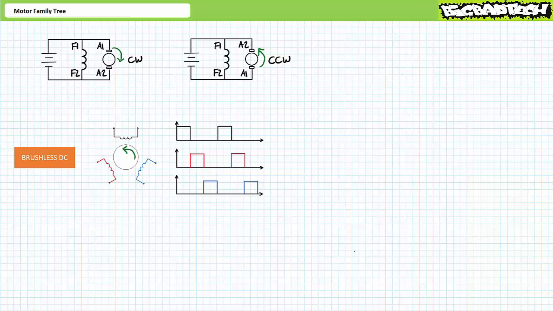Rather than mechanically commutating the armature connection, a brushless DC motor electrically commutates connection to a series of field windings via integrated power electronics devices known as transistors. Consider this extremely simplified example of a brushless DC motor featuring 3 independent isolated field windings radially distributed at 120 degrees around the armature. When field winding 1 is electrically excited by DC energy, it establishes an electromagnet which attracts the permanent magnet armature.